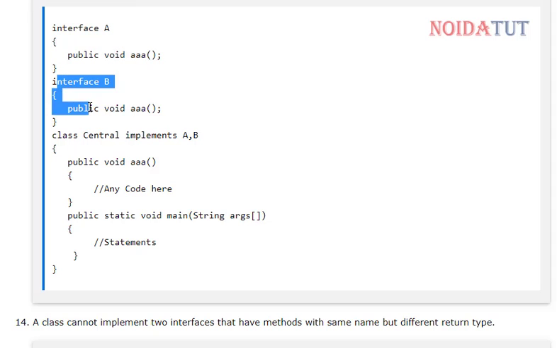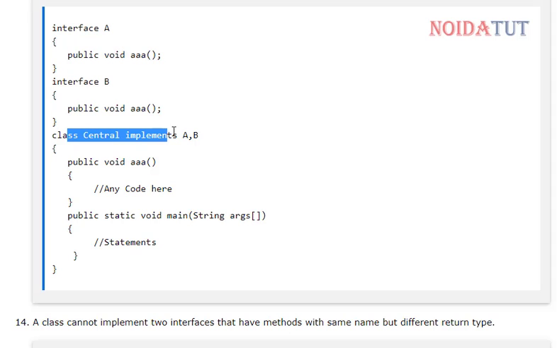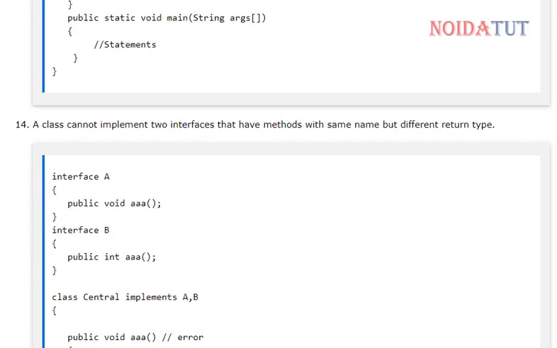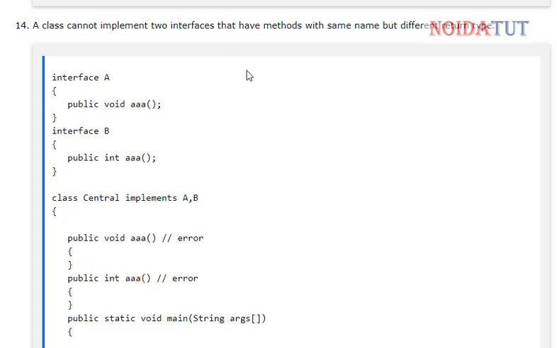Interface A, interface B. Now, this is inheriting. That is why we have used implements. A class cannot implement two interfaces that have methods with the same name but different return type. You can see this.